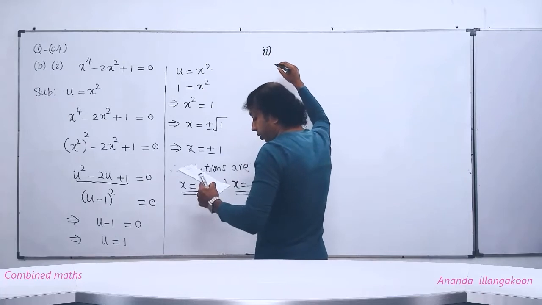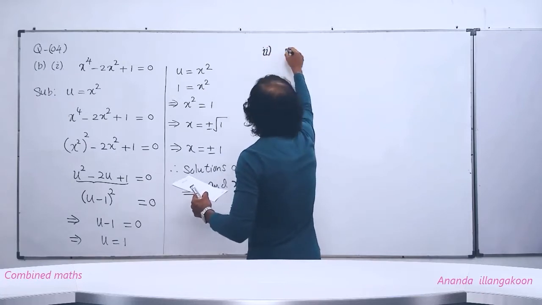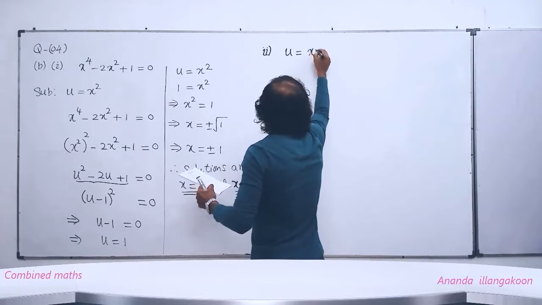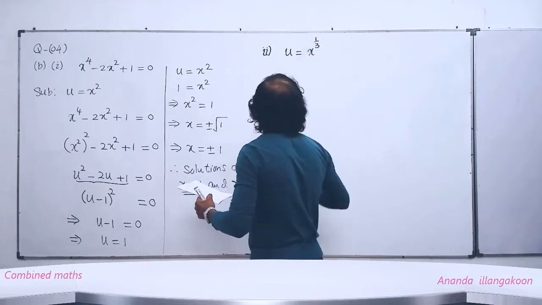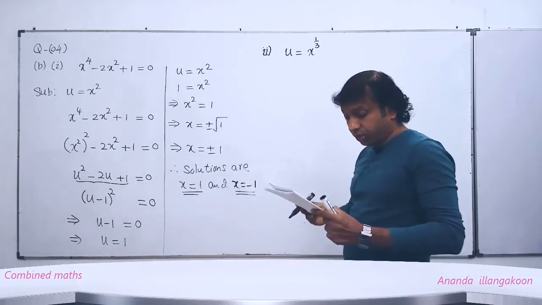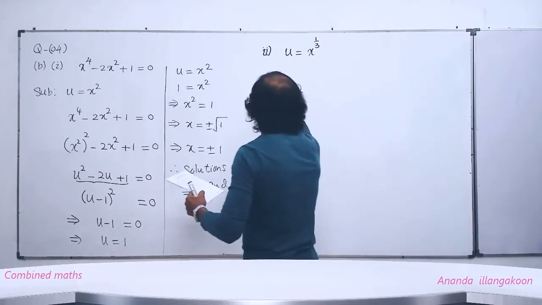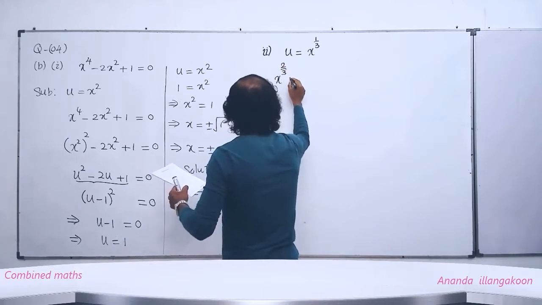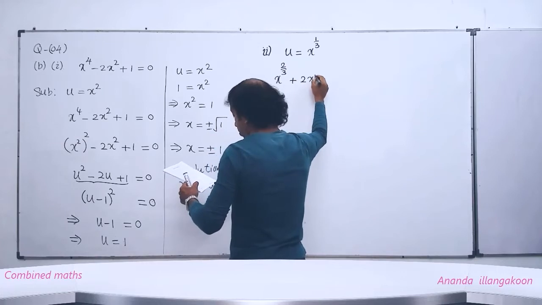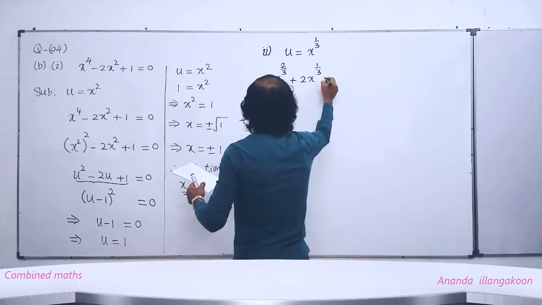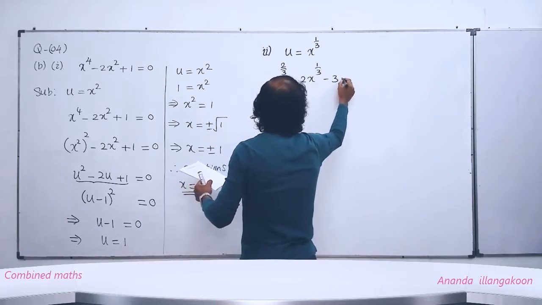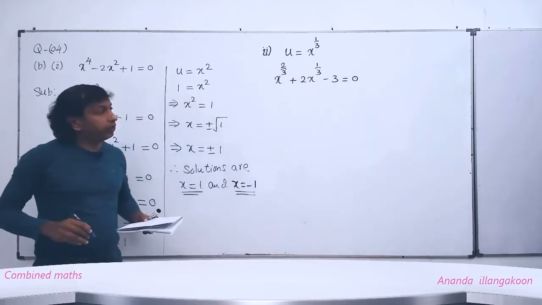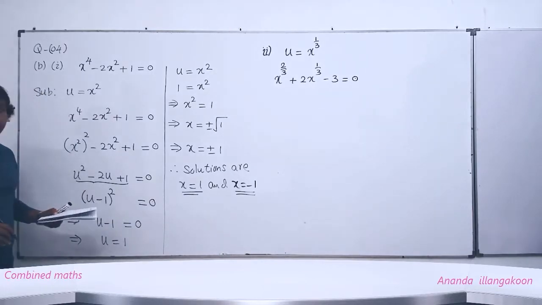Using the substitution u equals x to the power 1/3, solve the equation x to the power 2/3 plus 2x to the power 1/3 minus 3 equals 0. This is the equation. Now we have to solve.